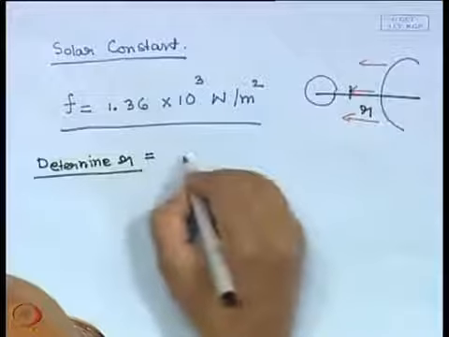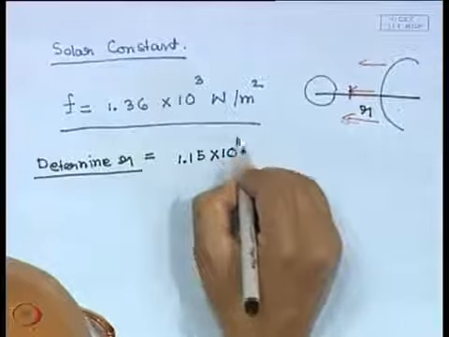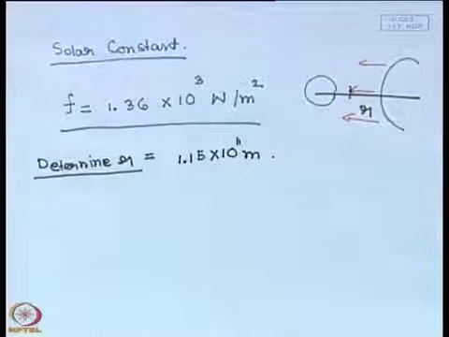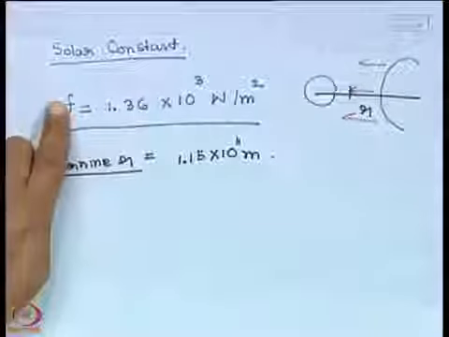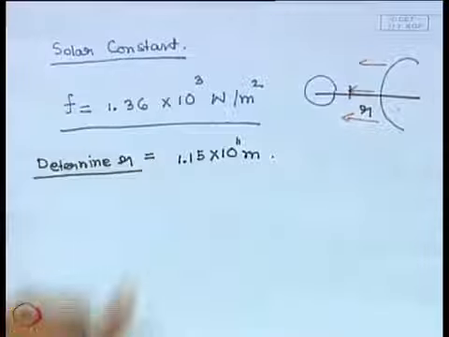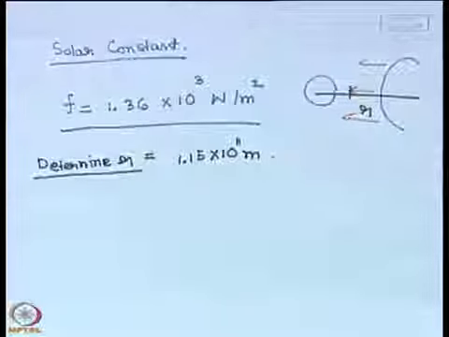It is well known now that this has a value 1.15 into 10 to the power 11 meters. We have discussed this. This is what is called the astronomical unit. So the earth sun distance is also known, and once you know this, you can combine the measured flux and the earth sun distance, and you can determine the luminosity of radiation coming out from the Sun.